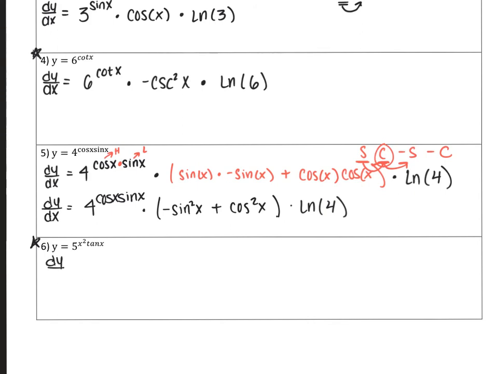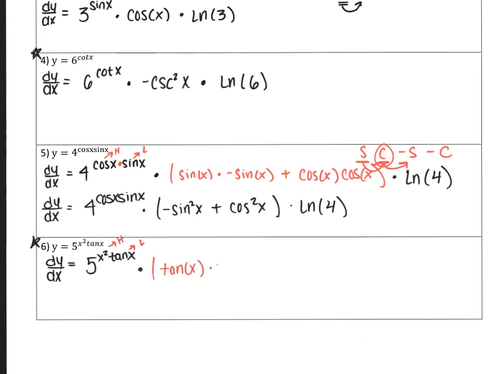So dy over dx is same times the derivative of the inside, which happens to be a product rule. So the x squared is my high, and the tangent x is my low. So low d high.